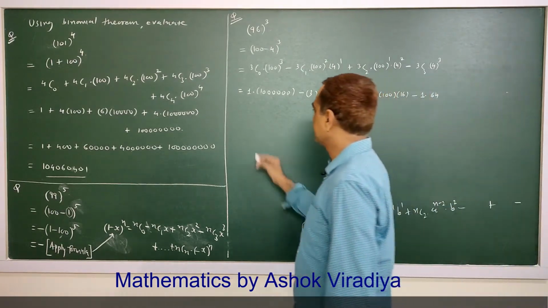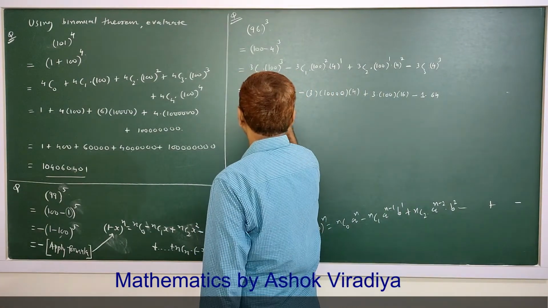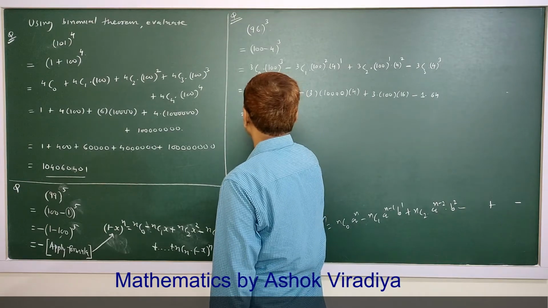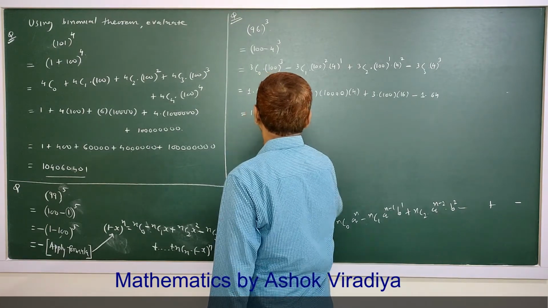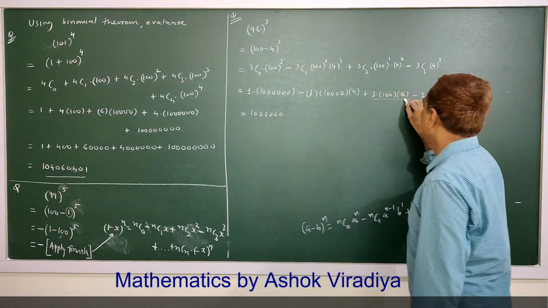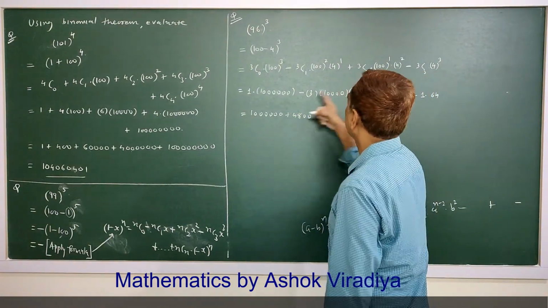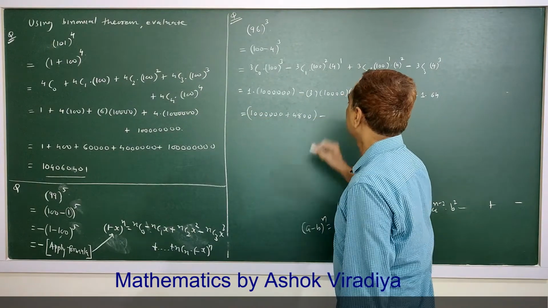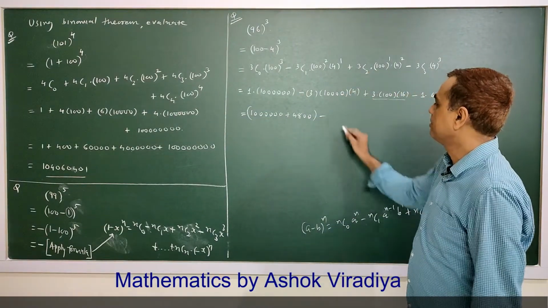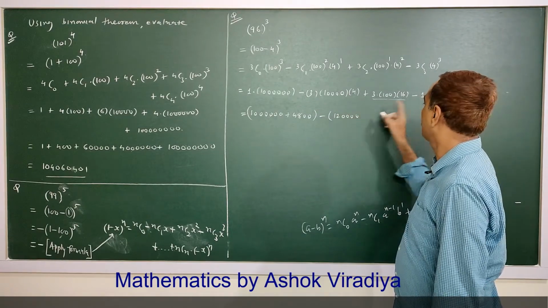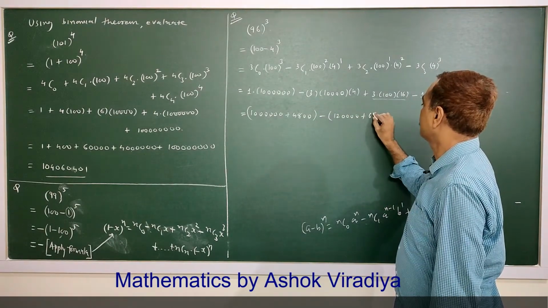So this is 10 lakhs, then next this is a positive value plus 4800. These are positive numbers minus negative numbers: 4 into 3 is 12, 120,000 plus 64. These are negative numbers.